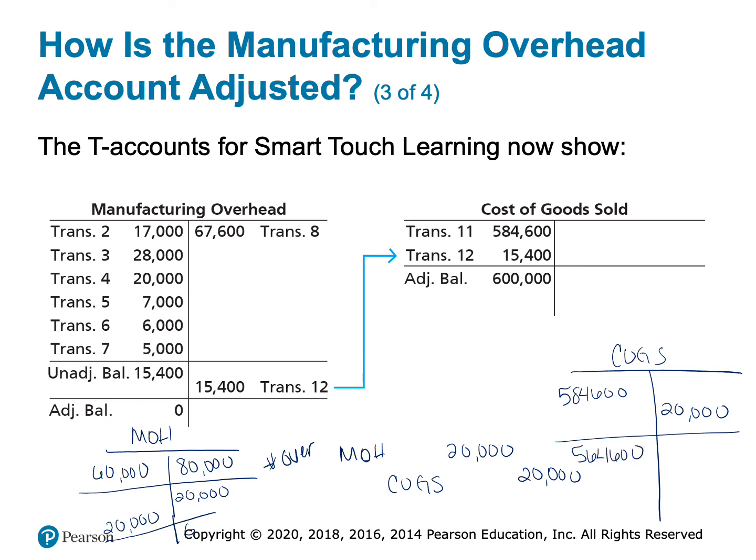So this mechanism self-corrects. It makes sure that no matter how off our estimates were, and hey, we estimated this last year. It's been like 18 months by now. It's no wonder that we didn't get it exactly correct. That's okay. But we're going to fix it now, and we're going to make sure that cost of goods sold is the actual correct amount.